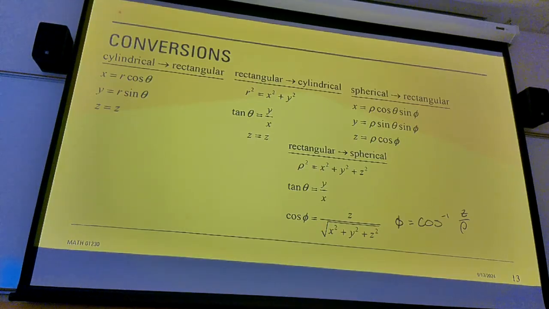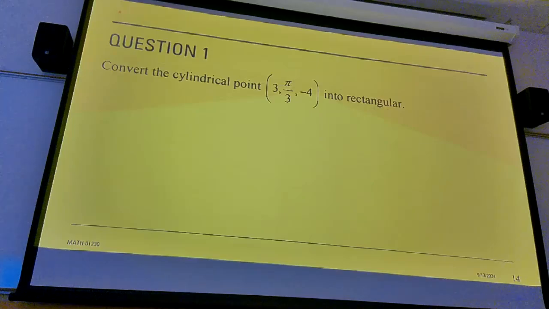Here we're given a cylindrical point, and we're asked to write it in rectangular. x equals r cosine theta, right?